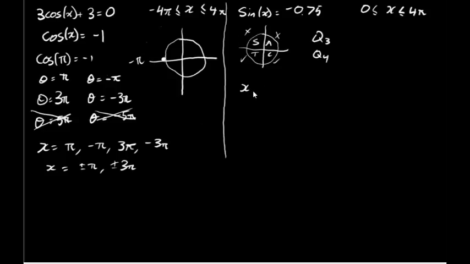Going back to some trig solving, if we find the inverse sine of 0.75 in radians, we'll do this on our calculator. We'll find that it's equal to 0.848.